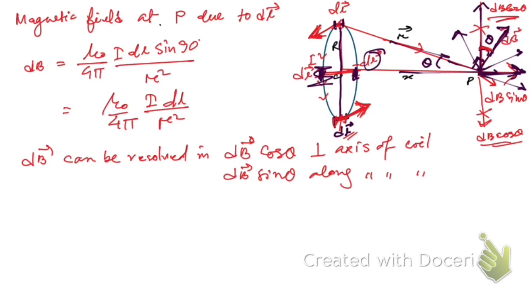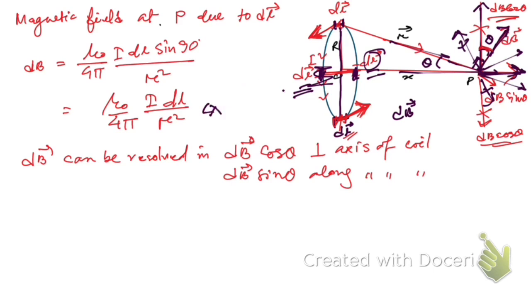Okay, and the perpendicular components will cancel out. Perpendicular components of dB due to this element and this element will be equal and opposite. This is the axis, both are perpendicular to the axis, then these two will cancel, right?